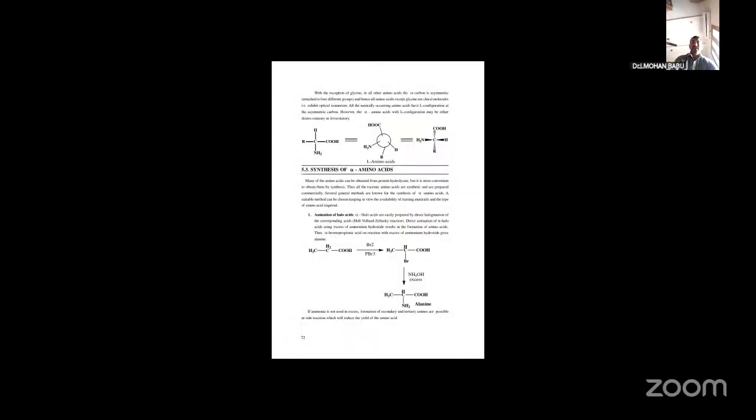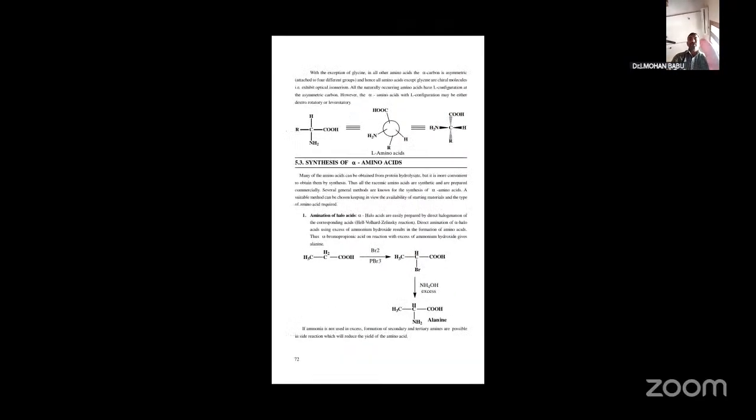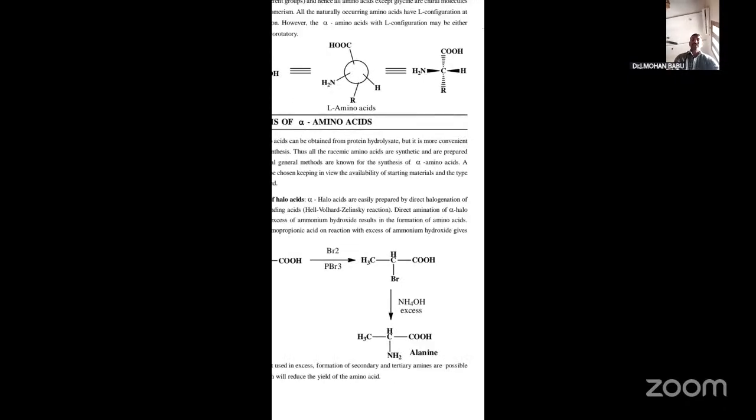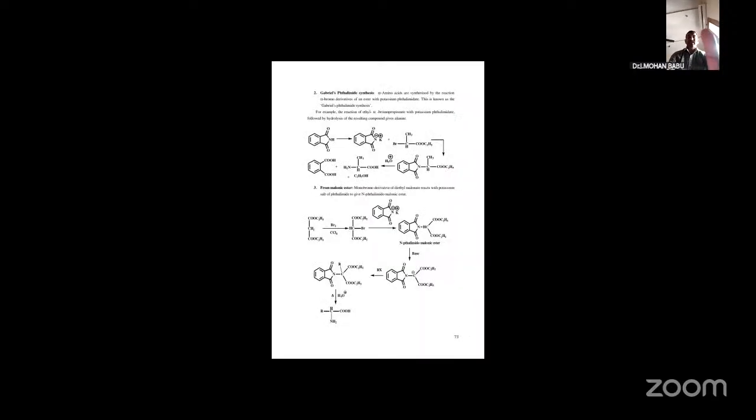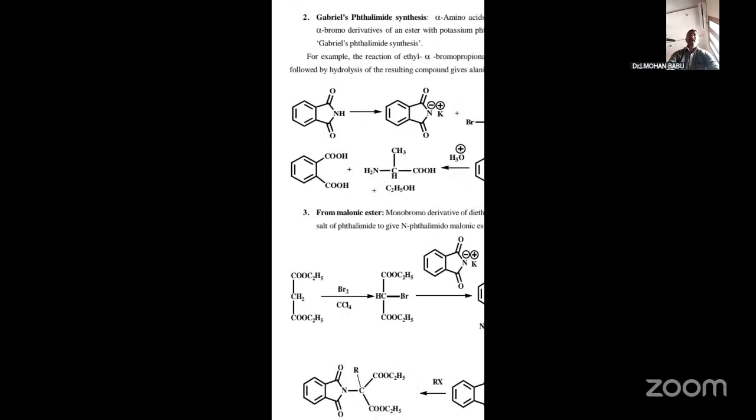So in this way, you can synthesize a variety of alpha amino acids by amination of the halo carboxylic acids. Another method to synthesize amino acids is the Gabriel phthalimide synthesis.